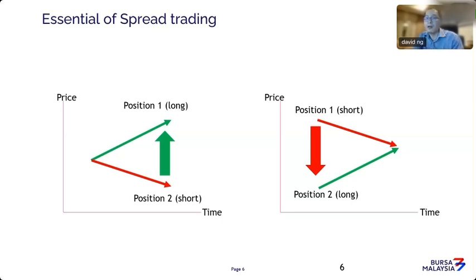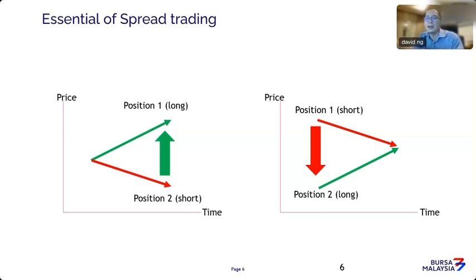Normally in a very bullish market, you tend to notice that those contracts that trade quite close to the current month, for example, right now you are in the month of April, so May, June contracts tend to do much better compared to July, August. The reason is that if current scenarios do warrant a more bullish market, usually the near month contracts will move quite sharply compared to the further month contracts.